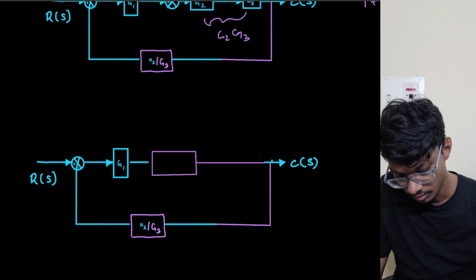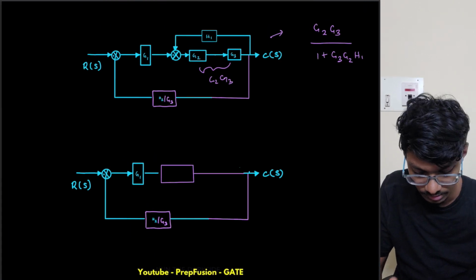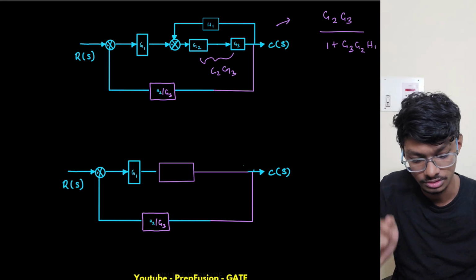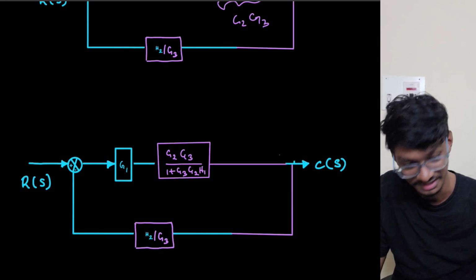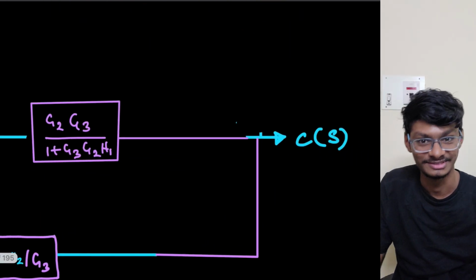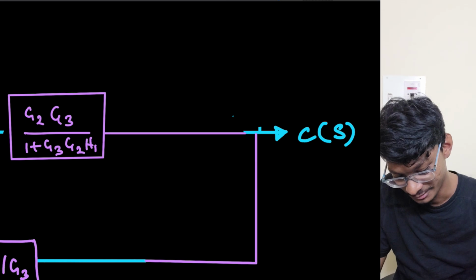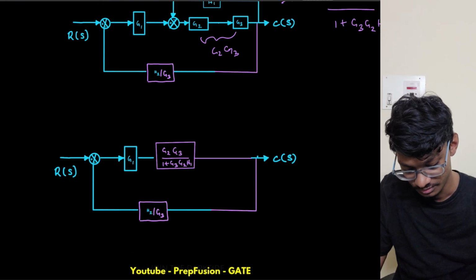What will this combination become? It will become g2 g3 by 1 plus g2 g3 h1. Again someone came, this time someone else will open the door. Okay, so this is the block.